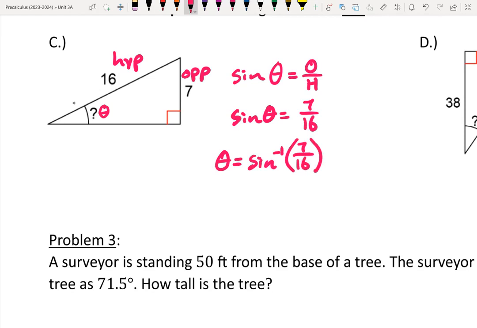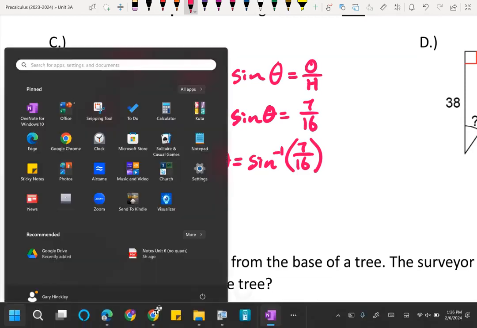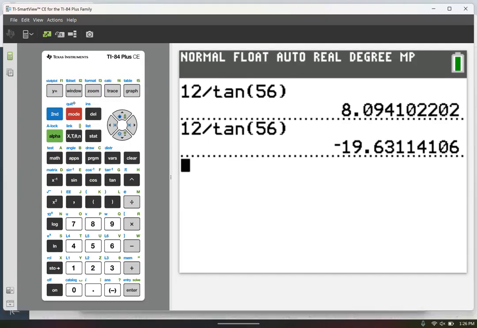Now you're going to input that into your calculator. So where do you find the inverse? They're right above your trig function. So look for your button for sine. Right above it, on the TIs it should be in yellow. Oh, it's not in yellow, it's in blue. So right above my sine is sine inverse.